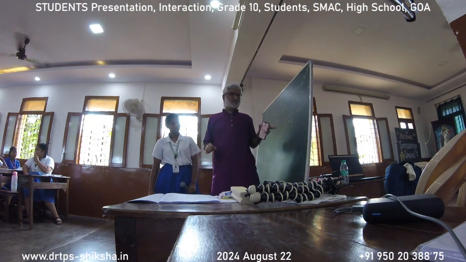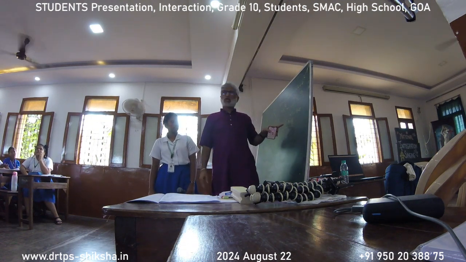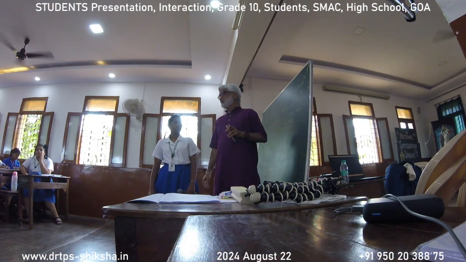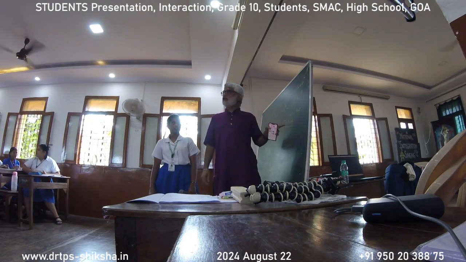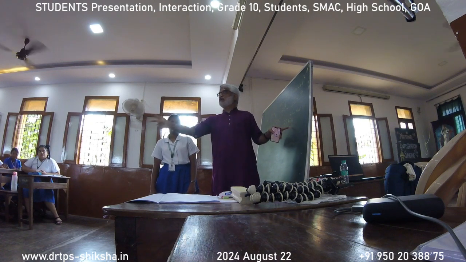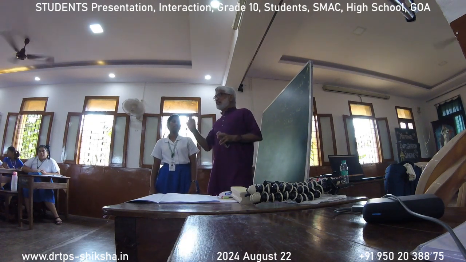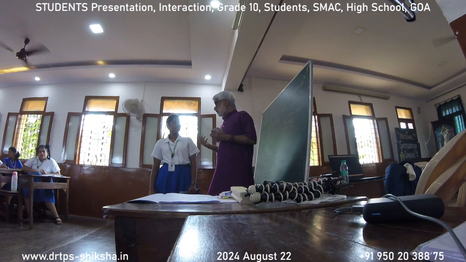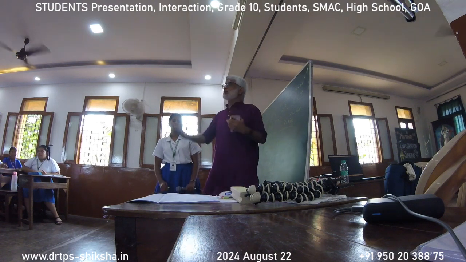So don't think that when I taught you 25 by 25, it's only for 25 by 25. If somebody asks you 25 into 26, 625 plus another 25, 650, immediately answer should come. So mathematics is always thinking and logic. The more logic you have, more presence of mind, you will do much better.